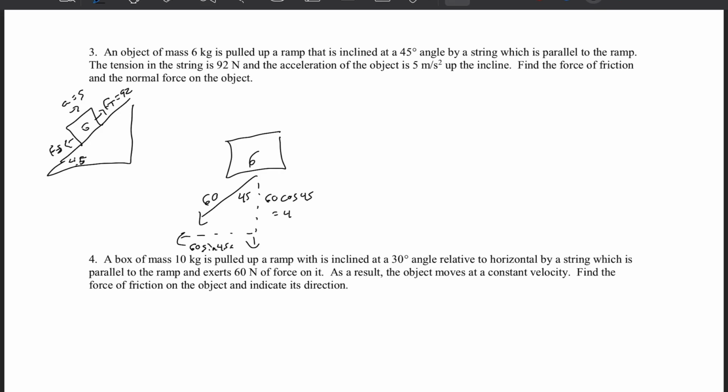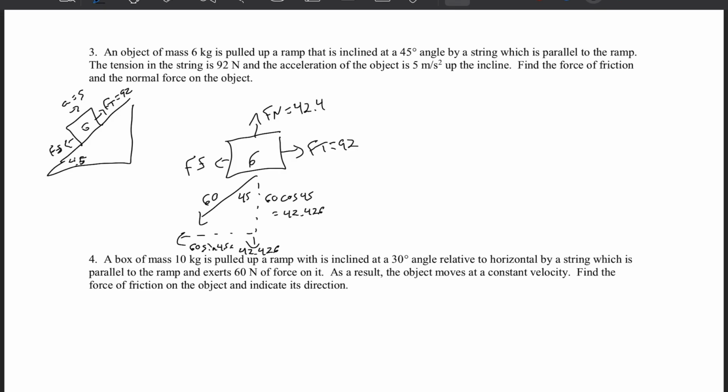You can try it in a calculator, but a 45, 45, 90, two sides are the exact same length. 42.426. So the force normal, since it's not accelerating vertically, is going to be balanced with that 60 cosine 45. One force up, one force down, they're equal to each other.